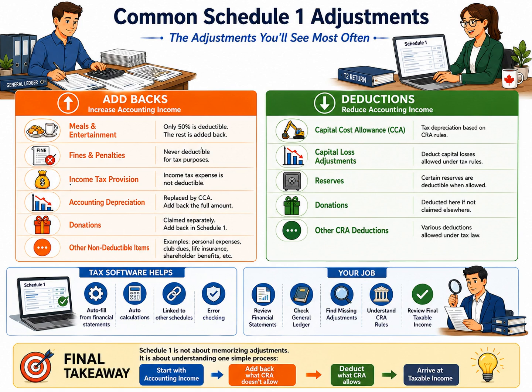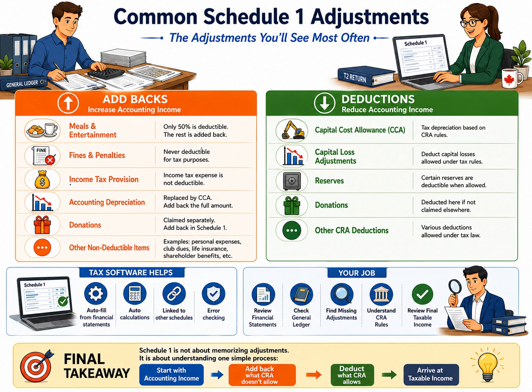However, software cannot replace professional judgment. As a tax preparer, your responsibility is to review the financial statements, examine the general ledger, identify any missing adjustments, understand the CRA's rules, and verify that the final taxable income is reasonable.